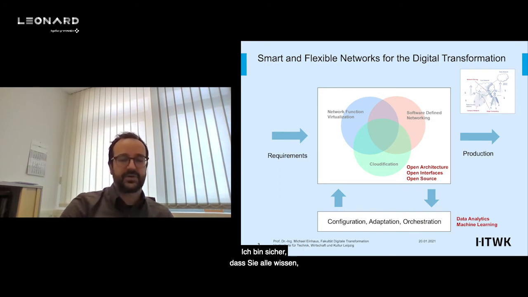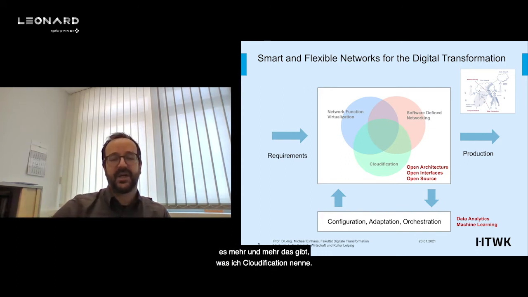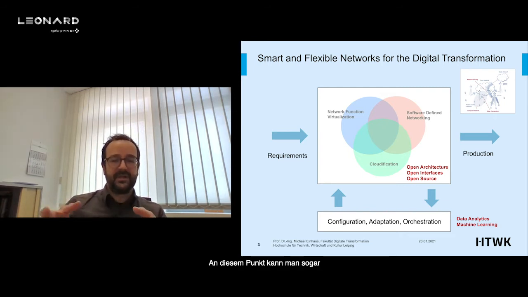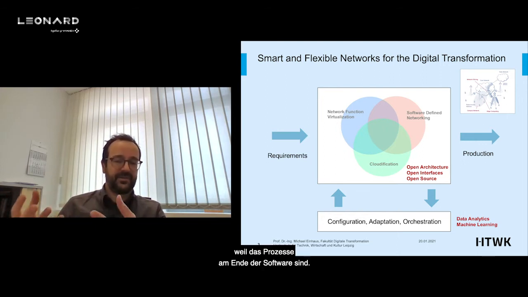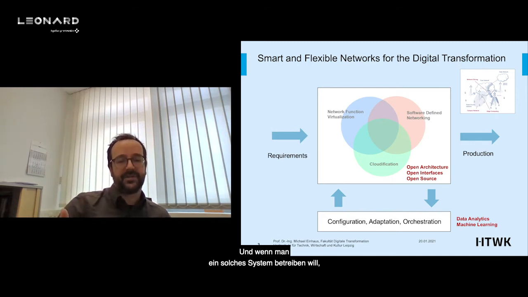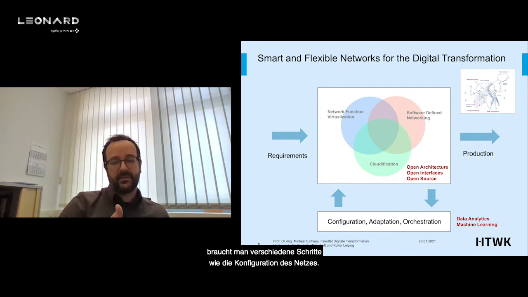And as I'm pretty sure you're all aware, we have more and more what I call here cloudification. So we bring services into clouds. We have cloud operators. And here we come to a point where you can even outsource your network operation into cloud centers, because these are processes at the end. This is software.